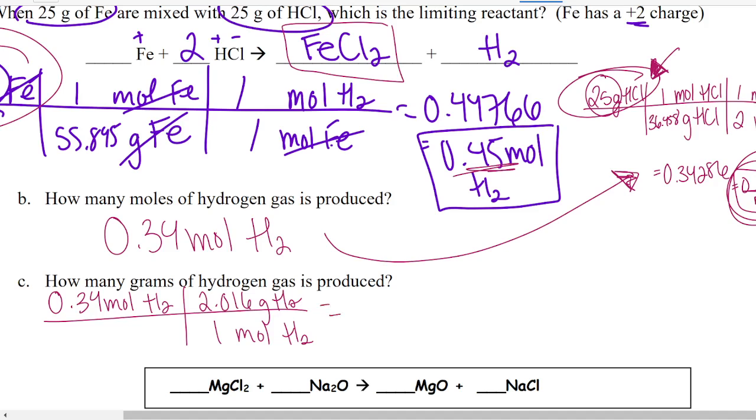So then 0.34 times 2.016 is 0.68544. So what?